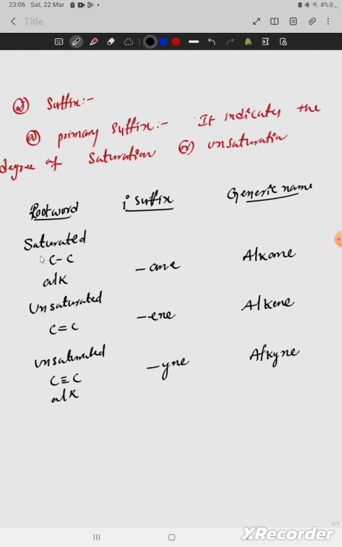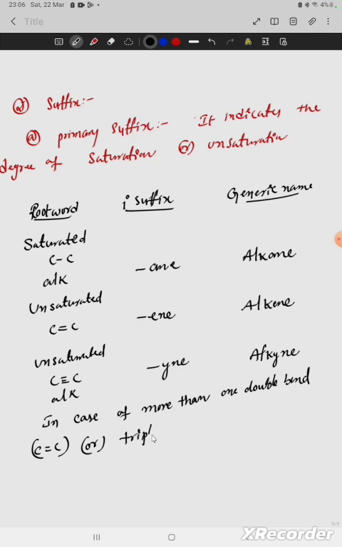In case of more than one double bond or triple bond, modification of the root word takes place.